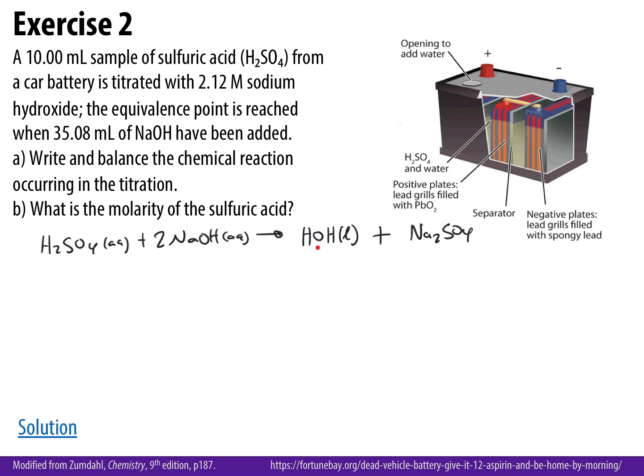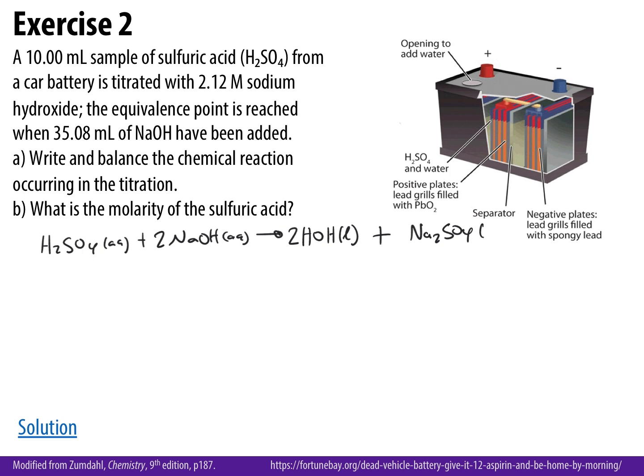Well, here I have only one H, because remember, if we think about water as HOH, this hydrogen came here, so that I need one more water molecule to get all my coefficients right. Now I have 2 H plus ions and 2 OH minus ions. The OH minus ions came from here, and those do match. So that's the balanced reaction occurring here.